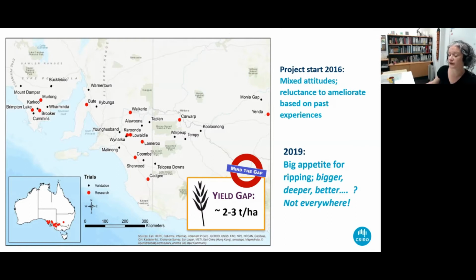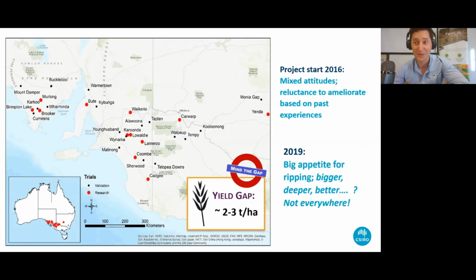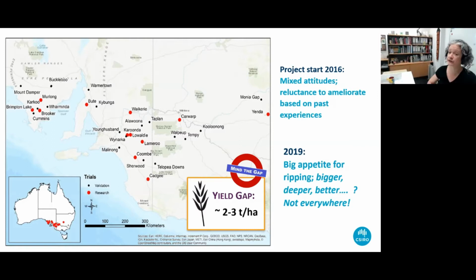But yes, based on characterisation of the plant available water, we estimate a yield gap of 2 to 3 tonnes across the region. Due to subsoil constraints? Due to a variety of constraints. So in sandy soils, water repellence on the surface also comes into play, as well as the subsoil issues, yes. Fantastic, wow.